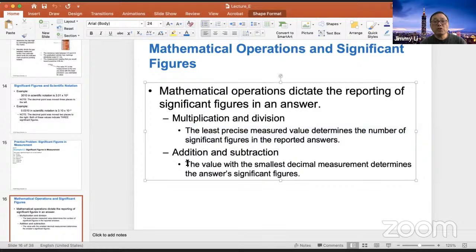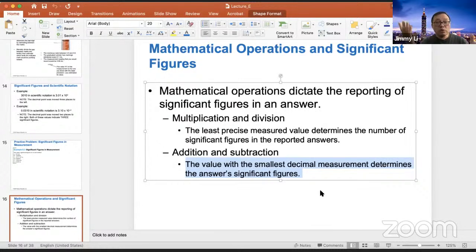Now, for addition and subtraction, it's a bit different. For addition and subtraction, the value with the smallest decimal measurement determines the answer's significant figures. So your final answer should match the term with the smallest decimal places. Let's say your terms have one decimal place and two decimal places, then your final answer can only have one decimal place.